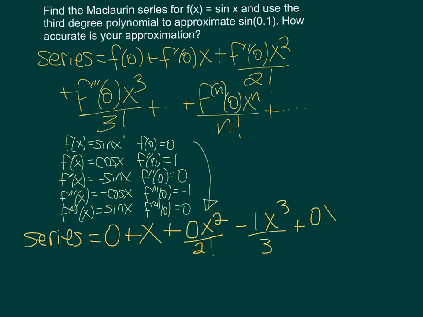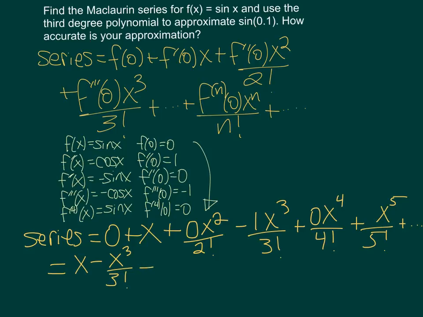Next one is a 0, x to the 4th over 4 factorial, plus 1, x to the 5th over 5 factorial, etc. Every other term is 0, so we can write this a little more neatly as x minus x cubed over 3 factorial plus x to the 5th over 5 factorial minus x to the 7th over 7 factorial plus x to the 9th over 9 factorial, etc.